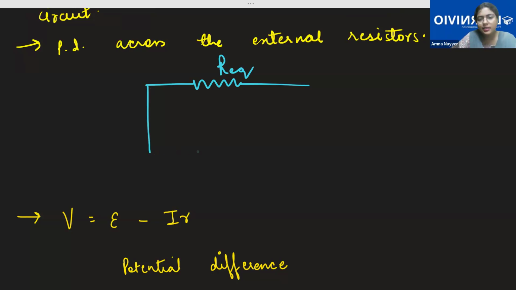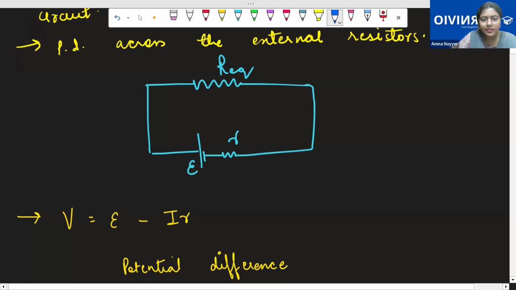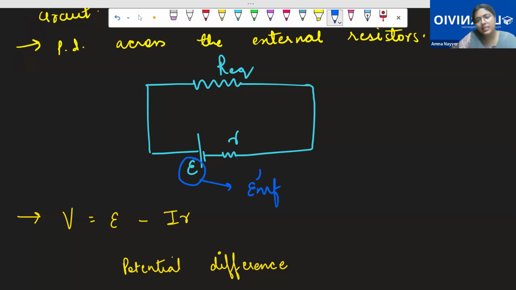Here is a cell, battery you can say. Battery means a group of cells. So usually we take a cell also. So this is present like this. Now see, this is the internal resistance. This is the EMF of the cell. So this part will give you the EMF, that is the potential difference for this internal resistor.